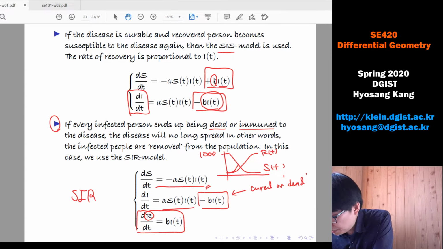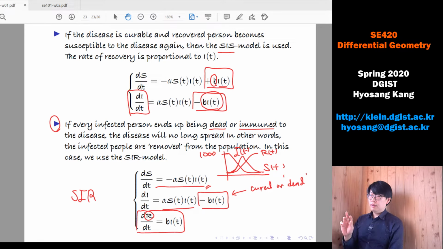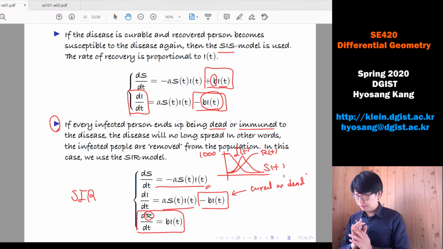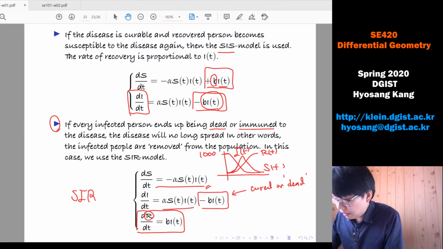And what happens to the infected people? In the middle they increase a little bit, but later they have to go to zero. So that's the situation when this epidemic is stabilized.